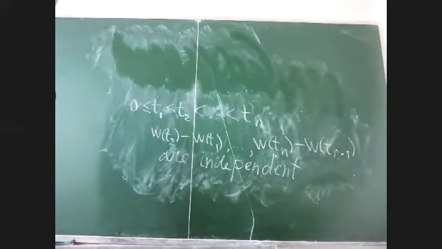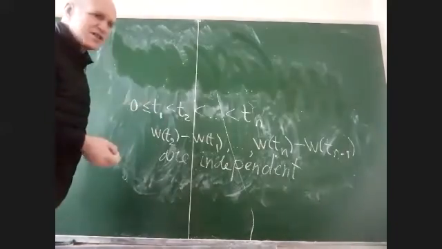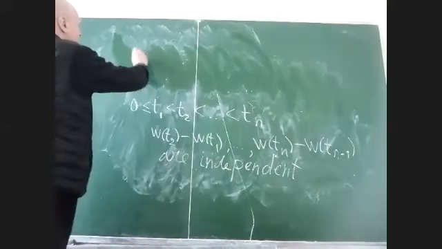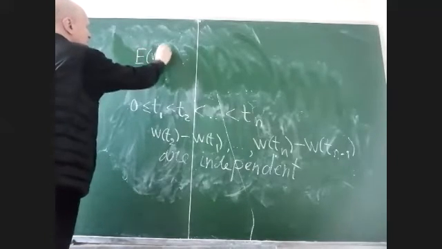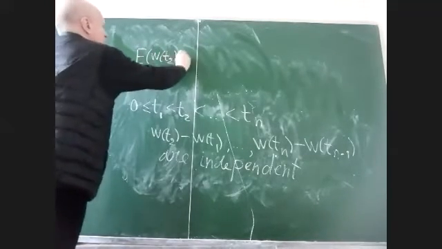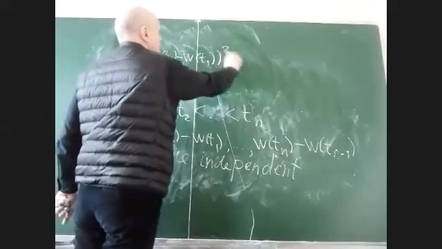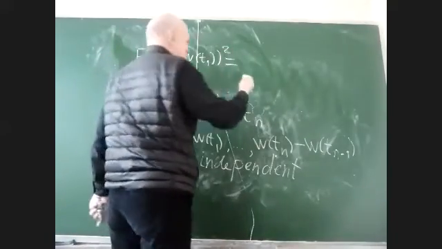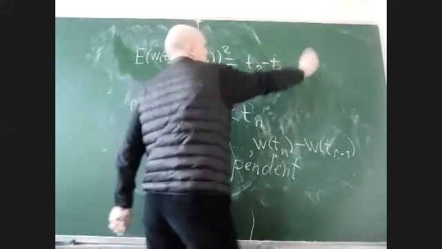In this case, the easiest, the Kolmogorov condition for continuity, works. We have expectation of (W(t2) minus W(t1)) squared is equal, again very easy to calculate, to t2 minus t1.